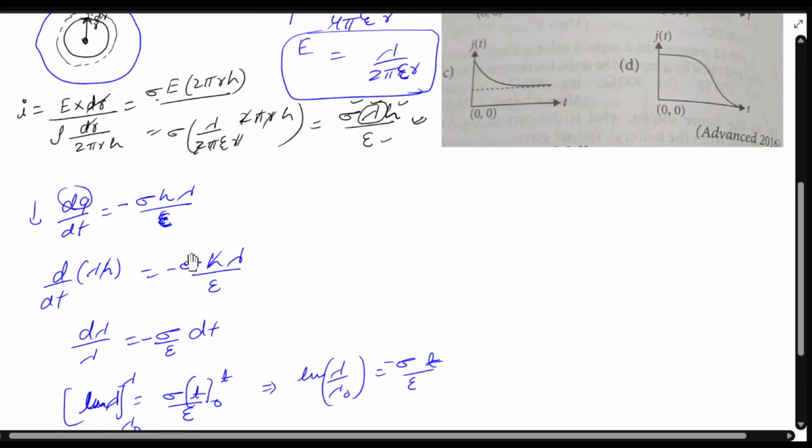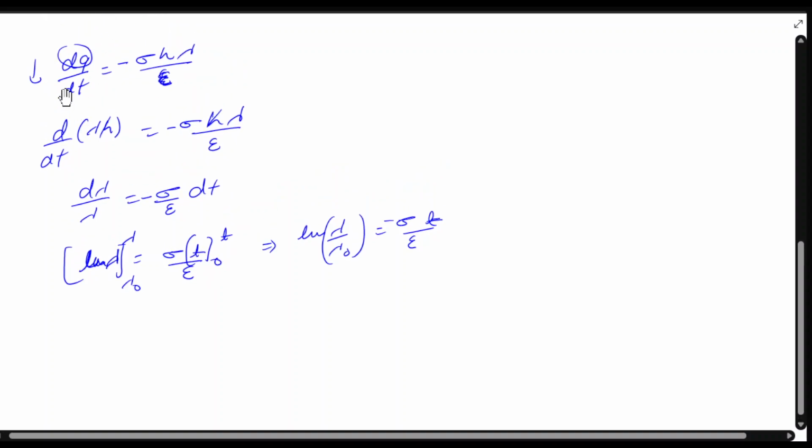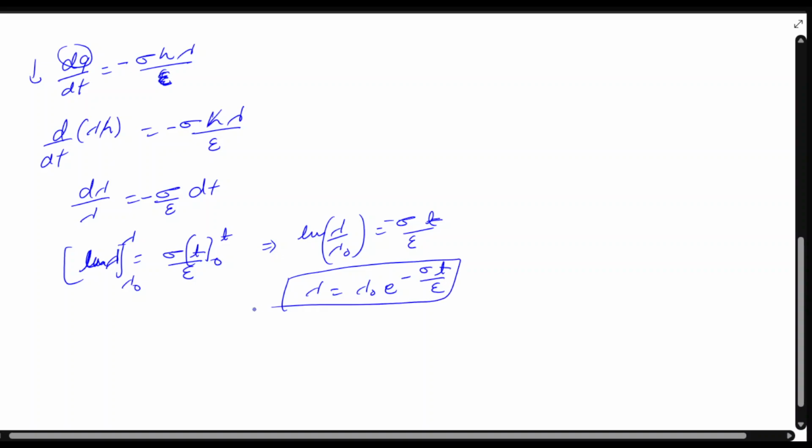So epsilon is in the denominator, right? So we have lambda equals lambda naught e to the power minus sigma t upon epsilon. Okay, so we got this lambda.